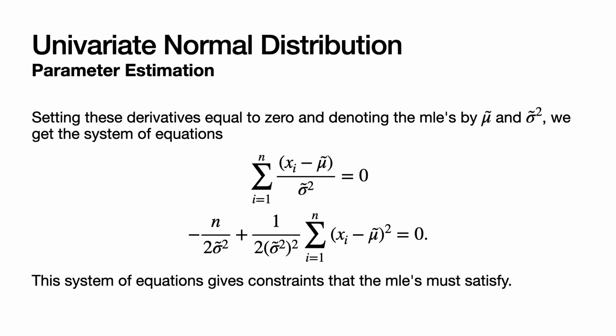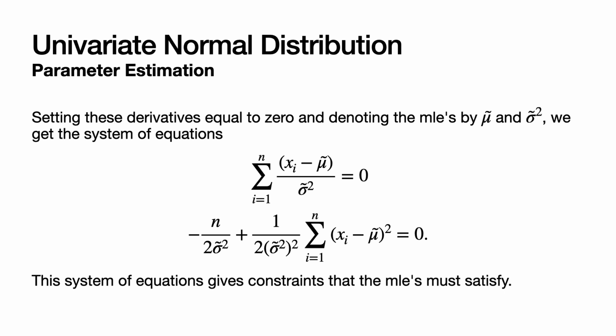Setting these derivatives equal to 0 and denoting the MLEs by mu tilde and sigma squared tilde, we get the following system of equations. The first equation is the sum, i going from 1 to n, of x sub i minus mu tilde over sigma squared tilde being equal to 0.